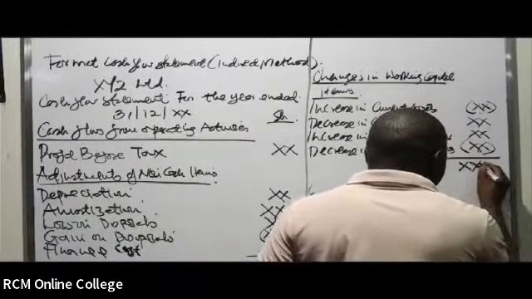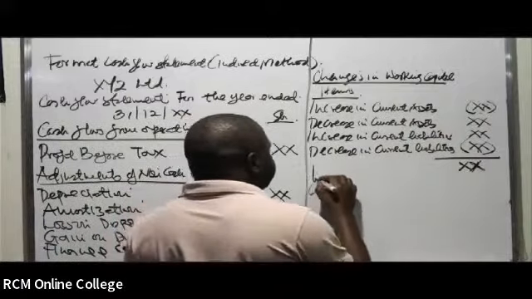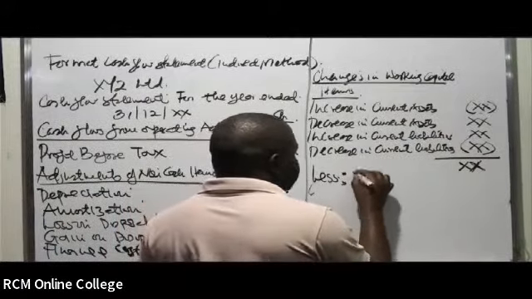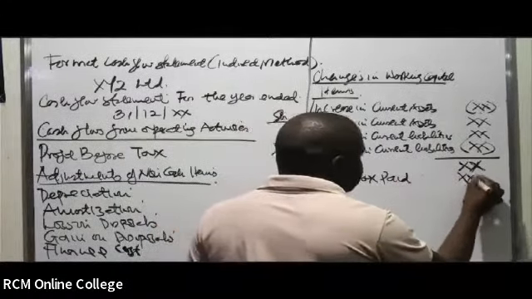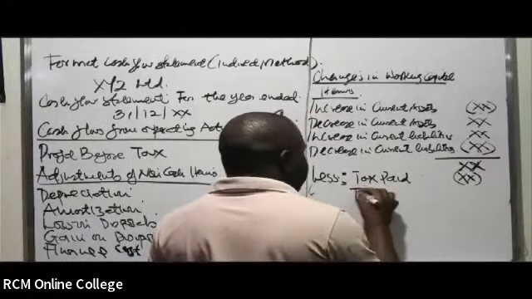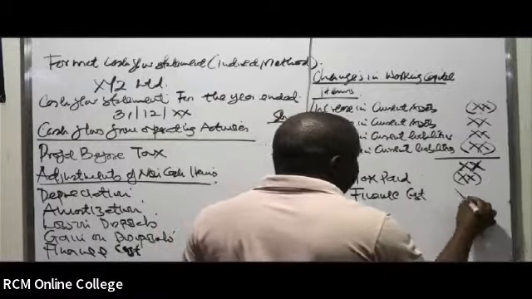Then once you close there, you in this case consider the tax paid and the finance cost. Less tax paid, and less what? The finance cost. Less the finance cost.